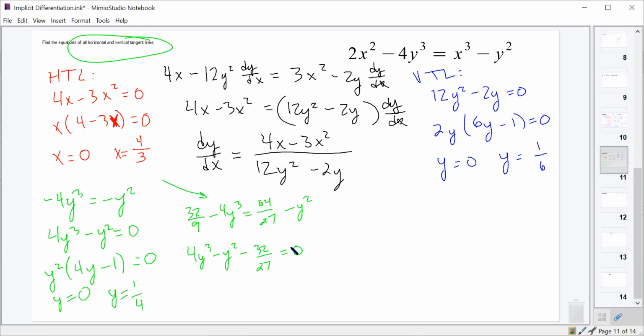And that's kind of a pain to try to solve, right? Would you agree that's a little bit of a pain of a cubic to try to solve? Yes.